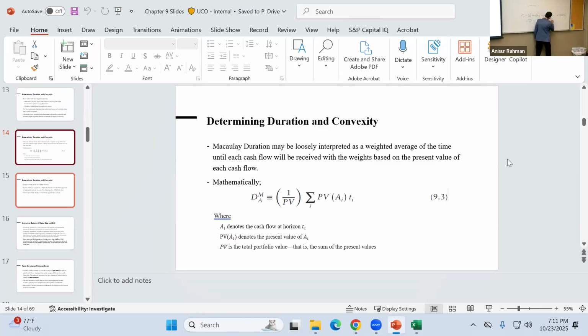It goes on until you have present value of A6 over present value times T6, right?